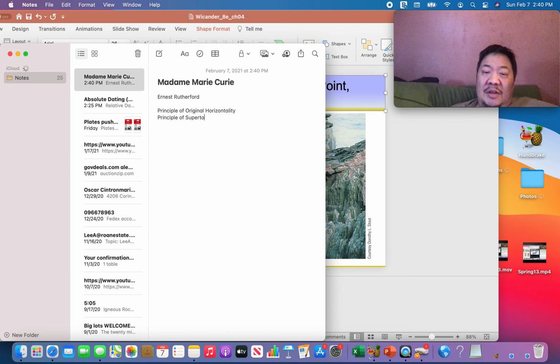And these two principles are the first principles of relative dating that we must understand in order to do our lab. The first principle is called the principle of original horizontality.